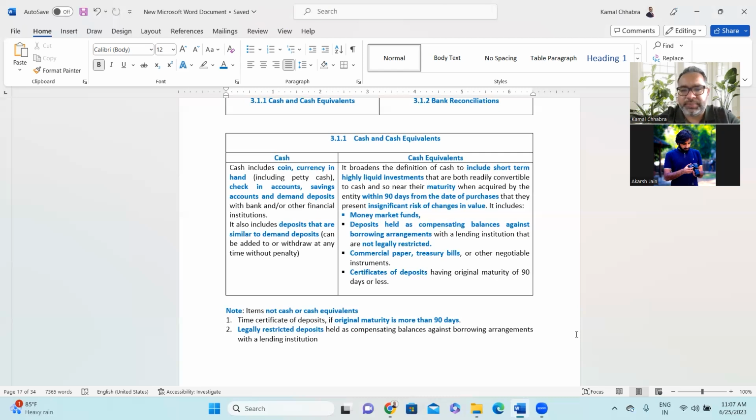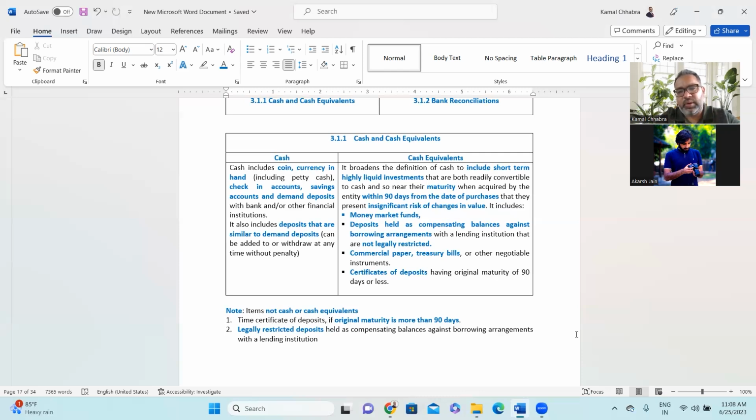When you are purchasing, at that point of time their maturity should be 90 days or less. If their maturity is more than 90 days, then you need to evaluate whether to consider it an investment. For cash equivalent, you'll consider only those items expected to mature within 90 days, right?